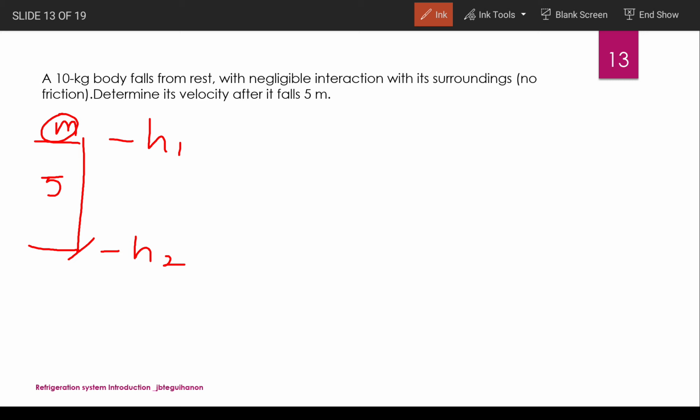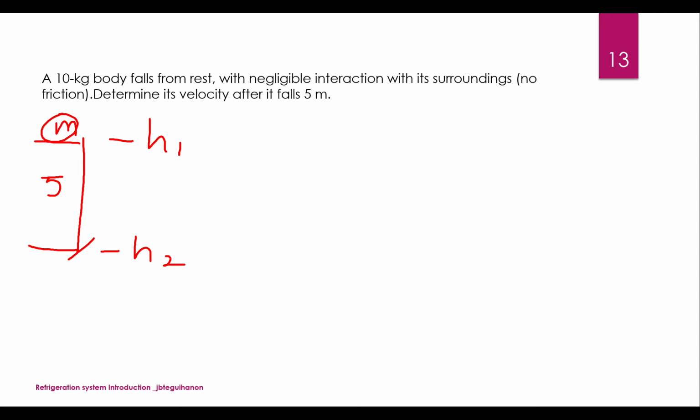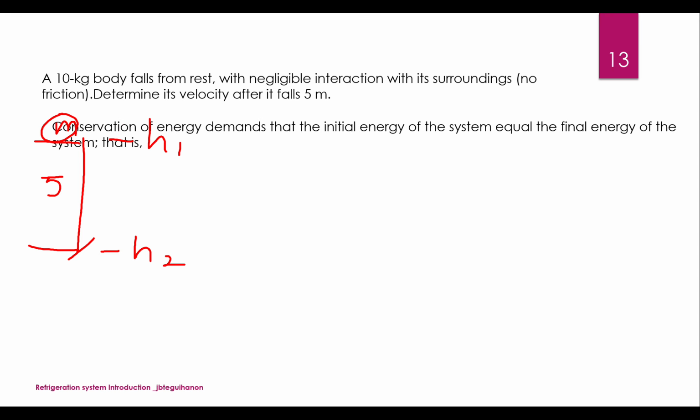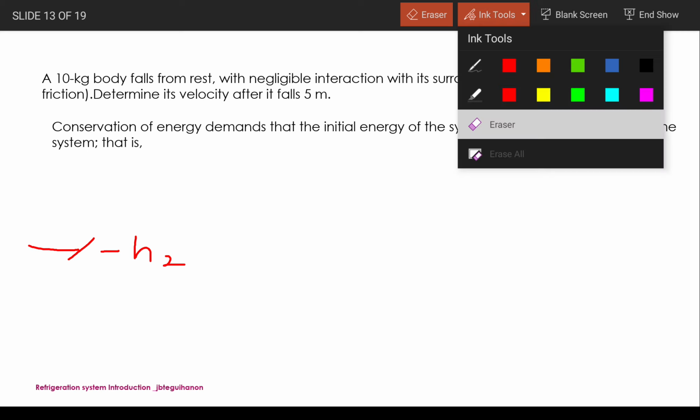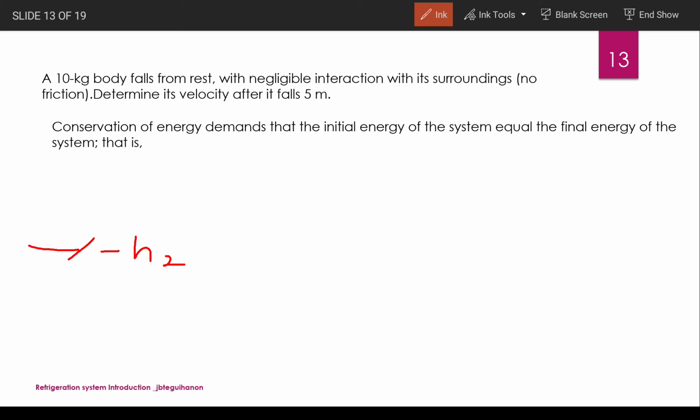So in this case, we got to have this principle here. The conservation of energy demands that the initial energy of the system equals the final energy of the system.